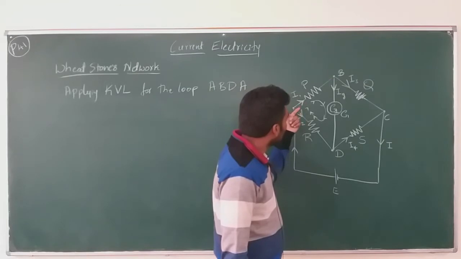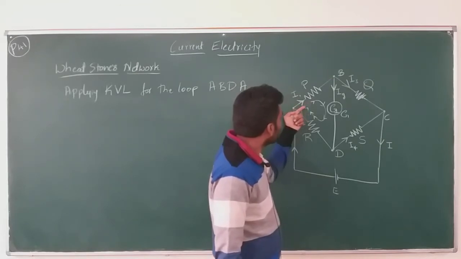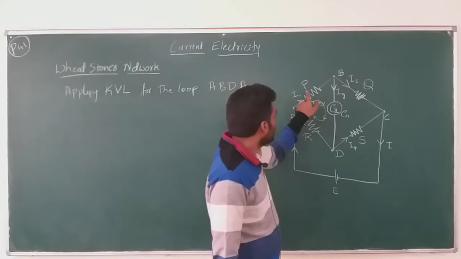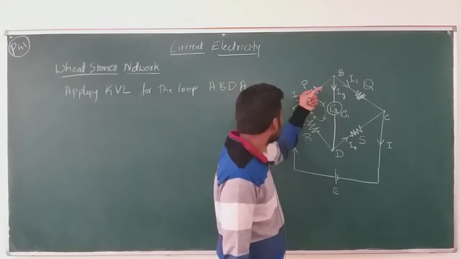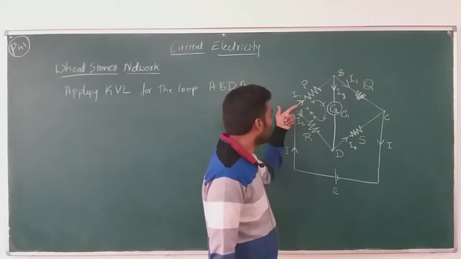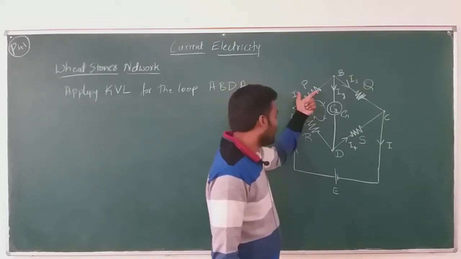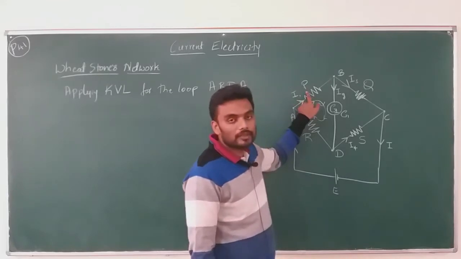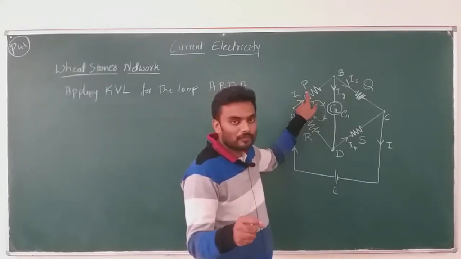So, when I am moving along the path, I first find the resistance P, right, and we have current I1 flowing through the resistor, and hence now I should take the product of current flowing through that and the resistance of the resistor, right.